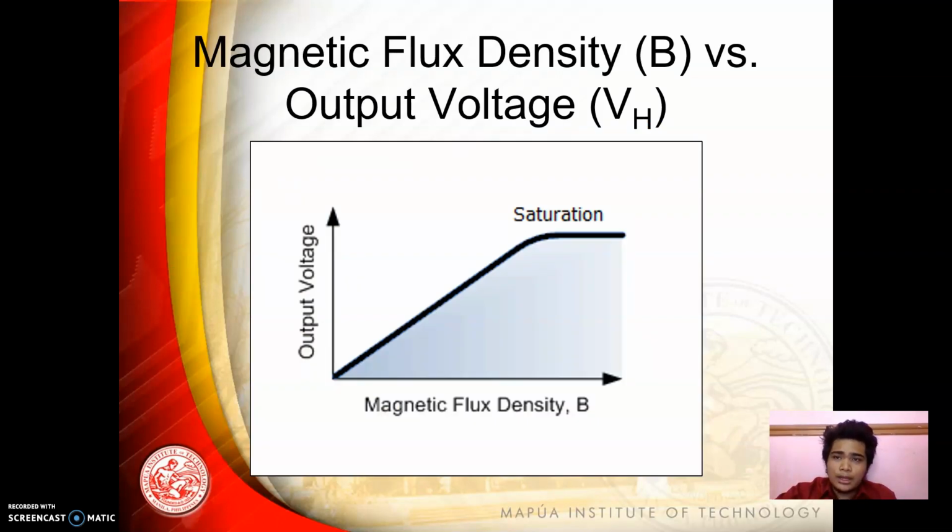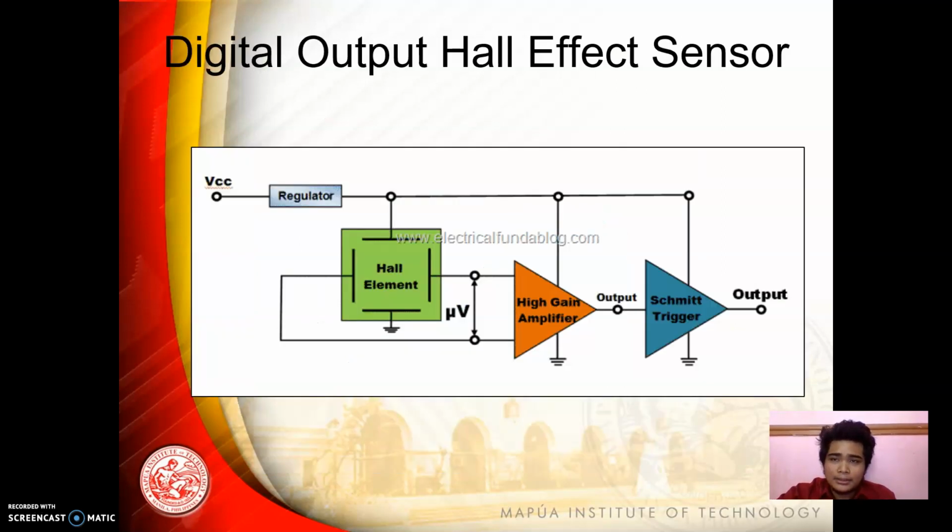As observed in the graph, as the strength of the magnetic field increases, the output signal from the amplifier will also increase until it begins to saturate by the limits imposed on it by the power supply. Any additional increase in the magnetic field will have no effect on the output but drive it more into saturation.